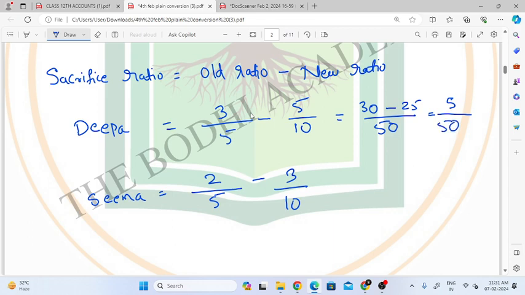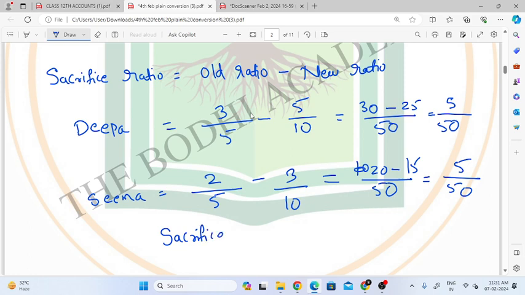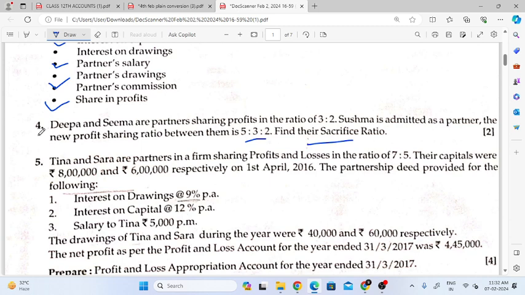Next, 10 multiplied by 2 gives us 20 minus 15, which gives us 5/50. So the sacrifice ratio of both partners is 1:1. This is your question number 4.